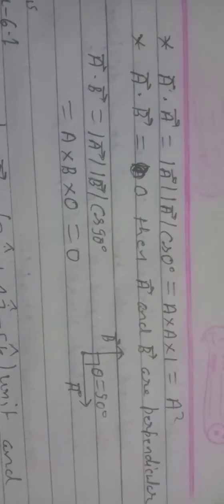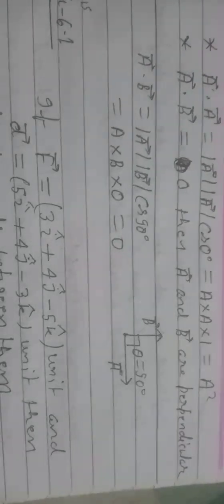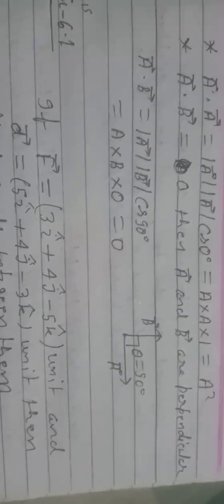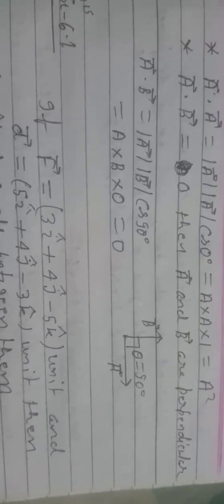If a dot b equals 0, then a vector and b vector are perpendicular, because a dot b equals mode of a into mode of b into cos 90, a into b into 0 equals 0. Thus we can say that the dot product of two different vectors will be 0 only when they are perpendicular to each other.